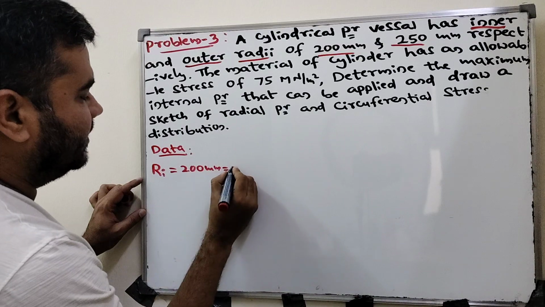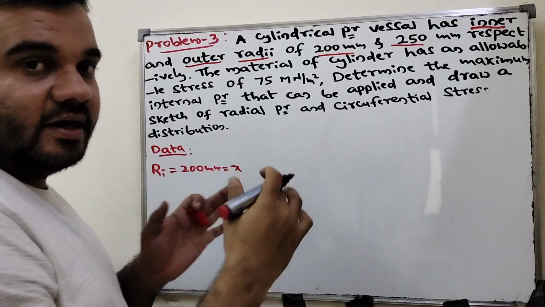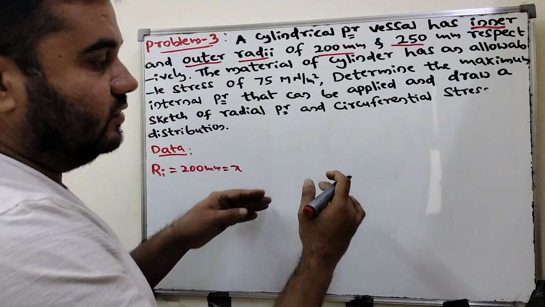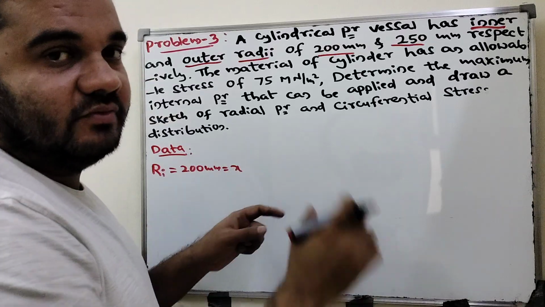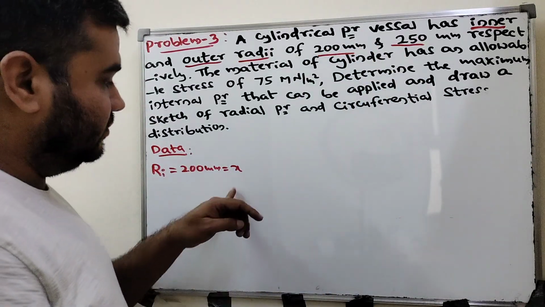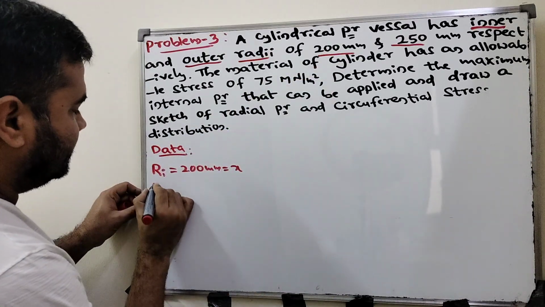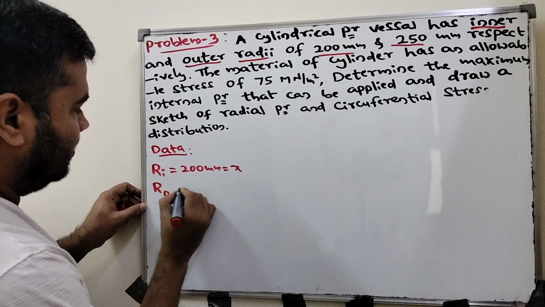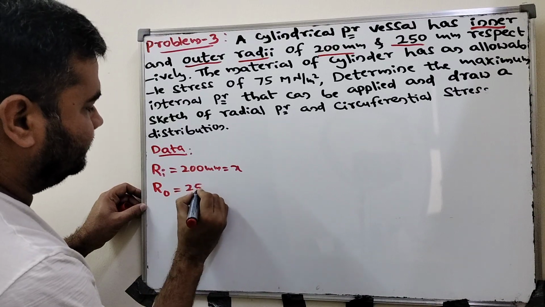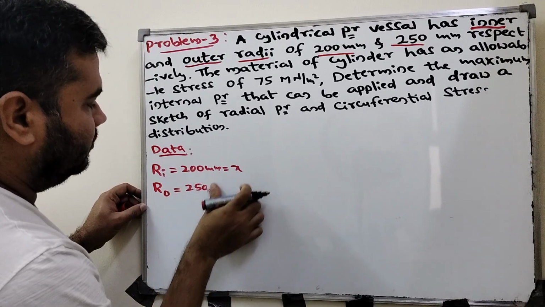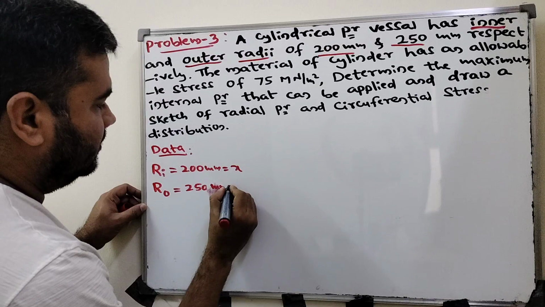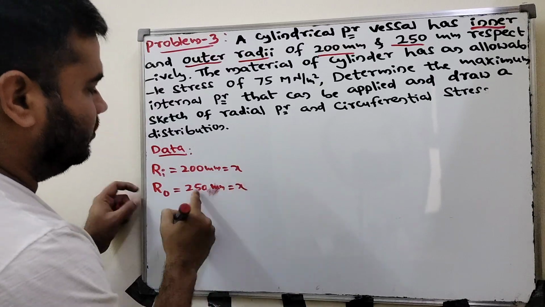I can write it as x equal to 200, at a distance of x, because we have to apply Lame's equation in terms of x, where you want in the thickness. So when x equal to 200 mm, inner radius, and outer radius r naught equal to 250 mm, that is also when x equal to 250 mm.